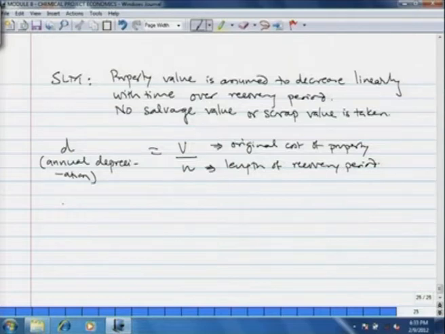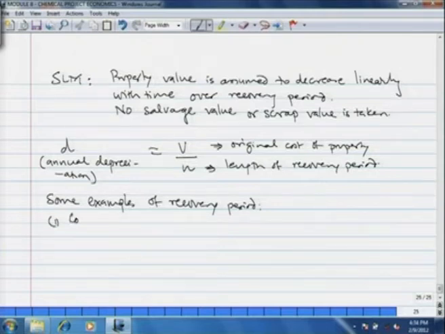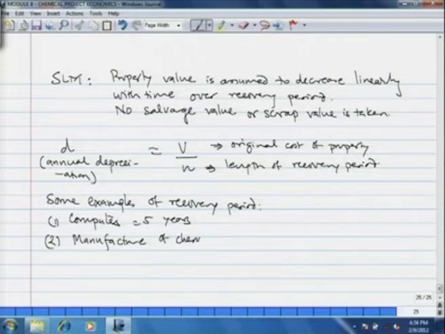Now the recovery period varies from industry to industry. Some examples: information systems including computers have a lifespan of 5 years. Manufacture of chemical and allied products have a typical lifespan of 9.5 years.